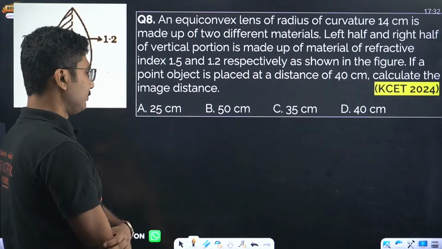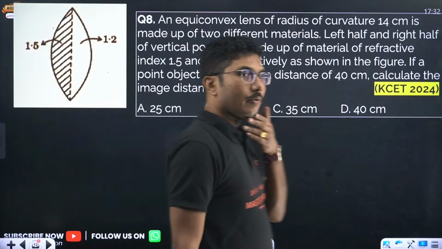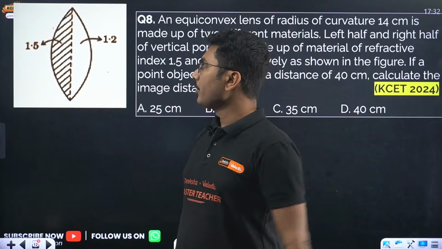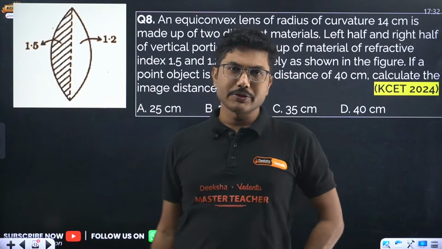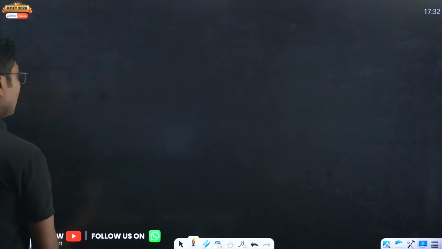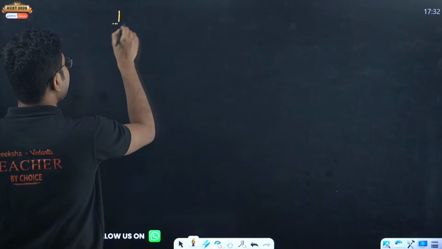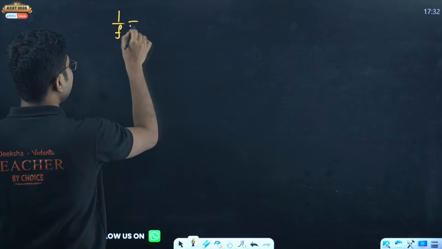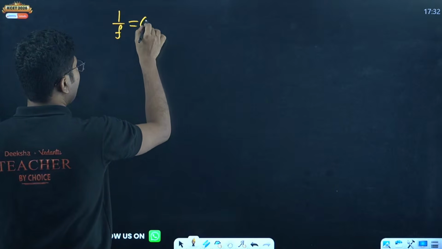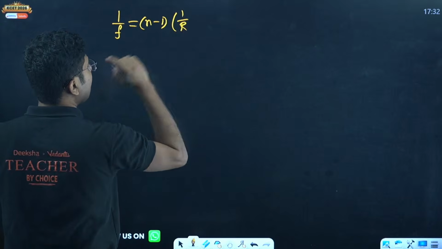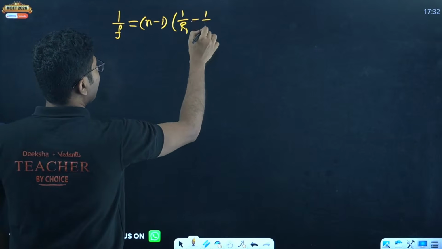So let's see. Now first of all, you have to find the focal length of this combination. How to find the focal length of this combination? Obviously we will be using lens maker's equation, which says that 1 by f equals (n minus 1) times (1 by r1 minus 1 by r2).